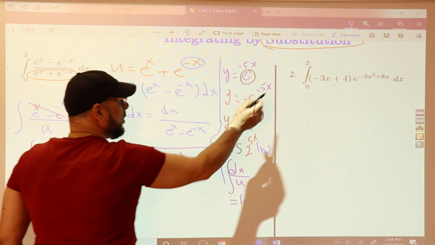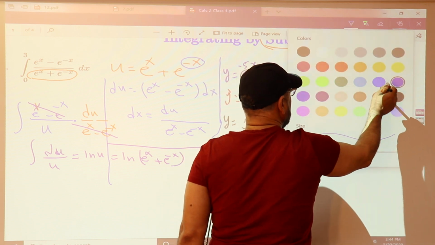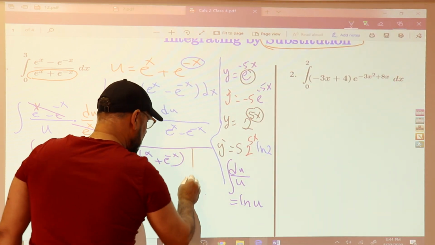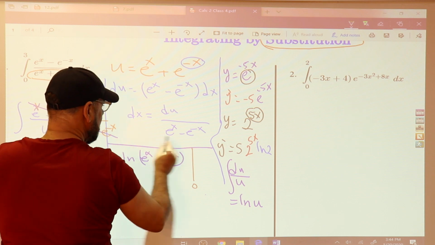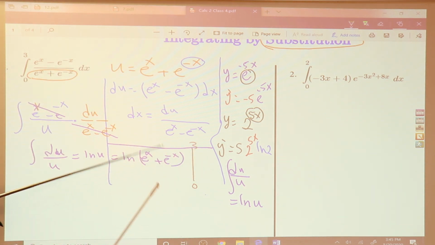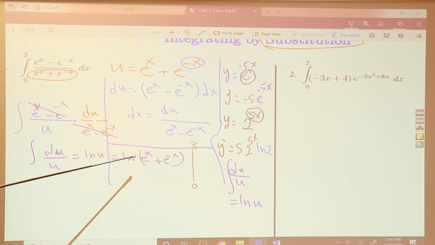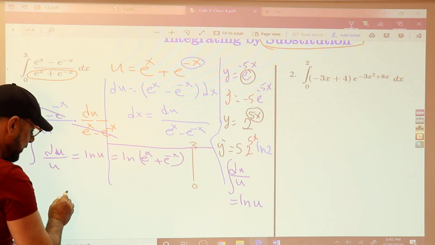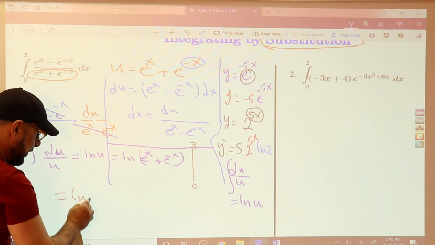Now the last step is to evaluate this integration from 0 to 3. You see, we bring the limit back after we change u to x.